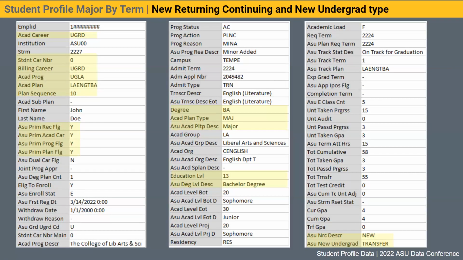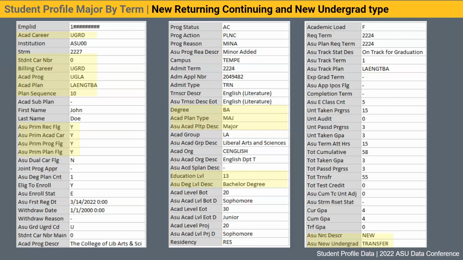So in the tables, here are all the relevant fields that we look at in addition to new, returning, continuing. When someone asks, why is the student new? They were here last semester. Well, these are the fields that I look at first. So the career up at the top left, the primary record flag is important, the degree and the degree level.